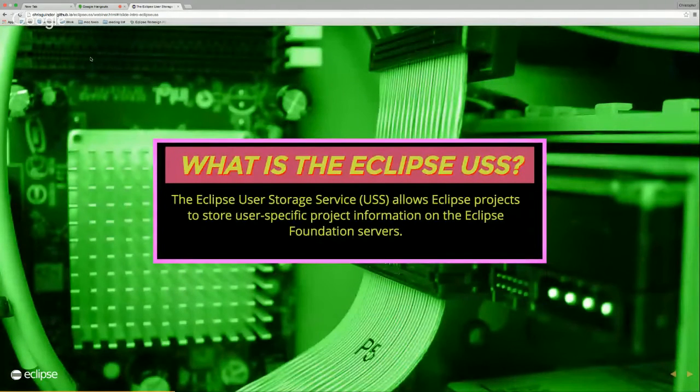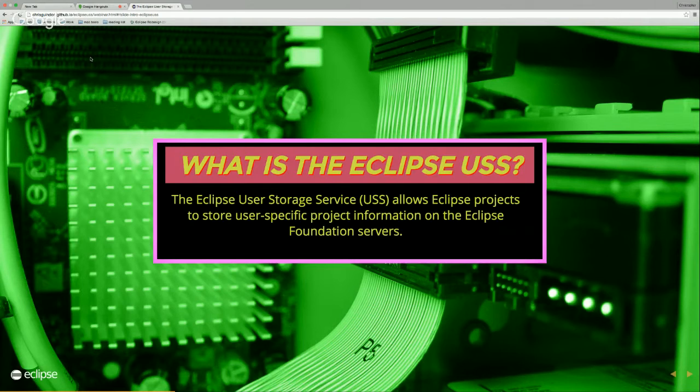So what is the Eclipse User Storage Service? I'll just call it USS from now on. USS stands for Eclipse User Storage Service, and it's a standardized way for projects to store data on our server. We've built a RESTful web service with API.eclipse.org that allows clients to do the default actions with a RESTful web service, which are get, put, delete, and post data to our cloud.